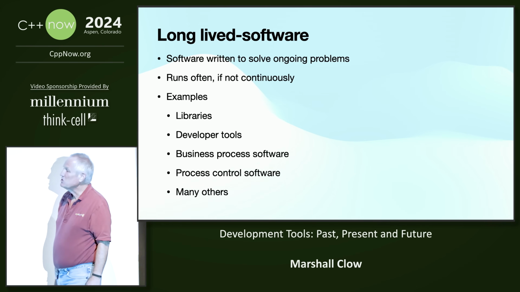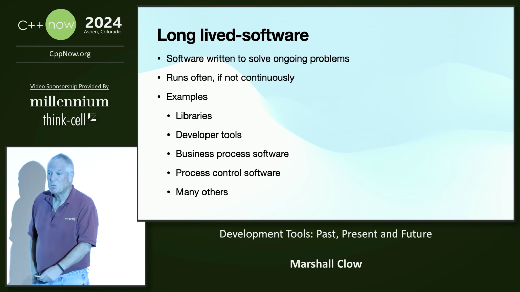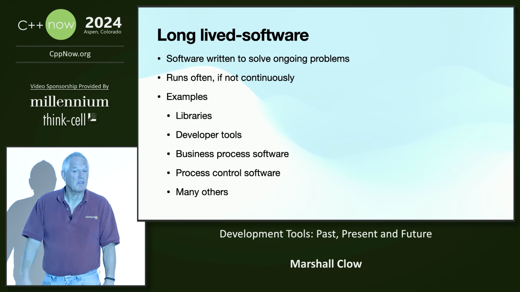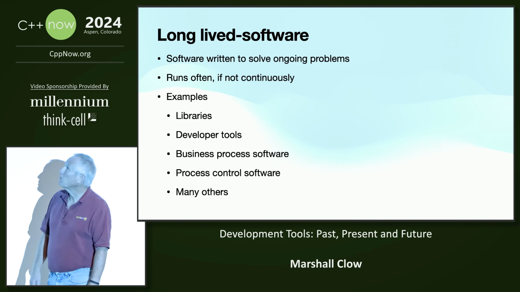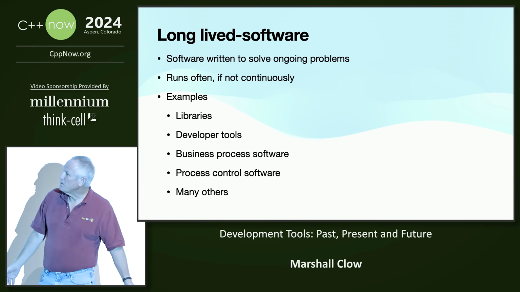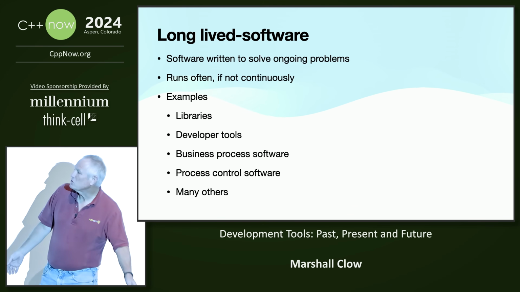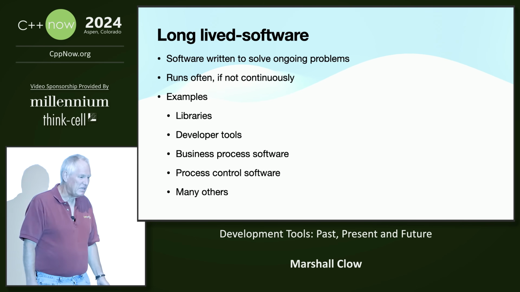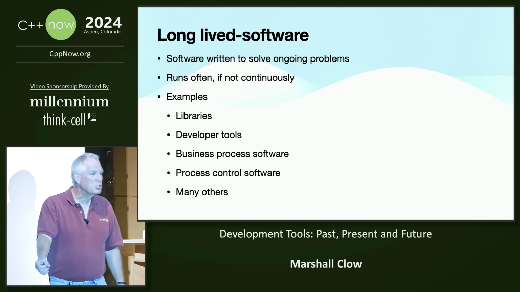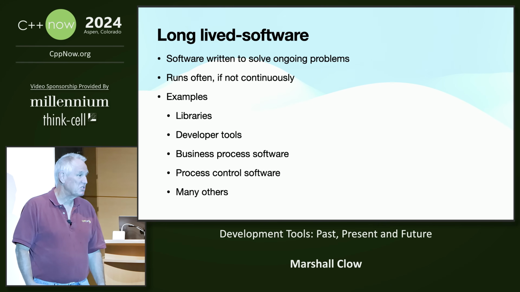The other half is long-term software, which is what most of the people in this room think of when they think of software. Software written to solve ongoing problems, libraries, developer tools, business process software. I had a discussion with somebody the other day. I said, really? Banks and insurance companies are really software houses.